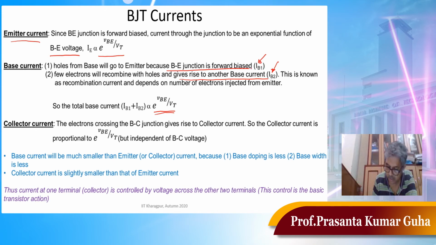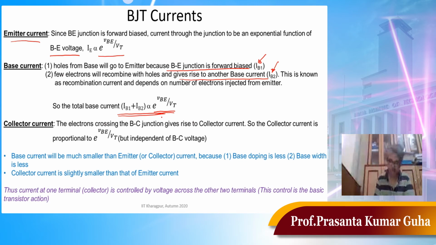Because the first component depends on how forward biased the junction is, and the second component also depends on exponential VBE over VT, because the more carriers, the more recombination, and the number of carriers depends on the biasing, exponential VBE over VT. So we can write that the total base current is proportional to exponential VBE over VT.